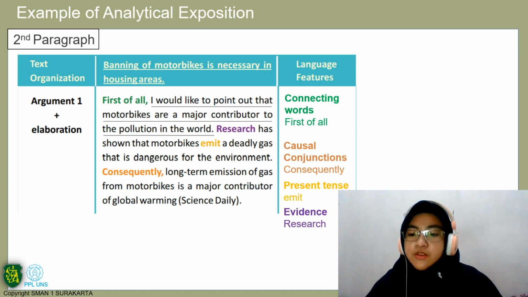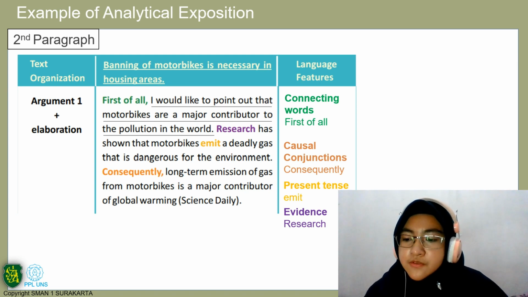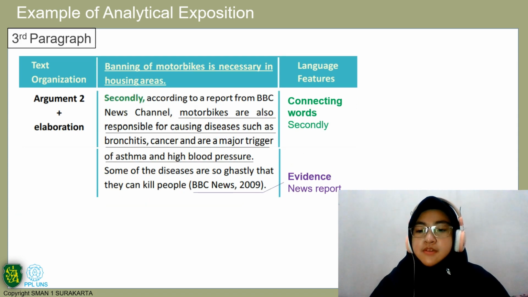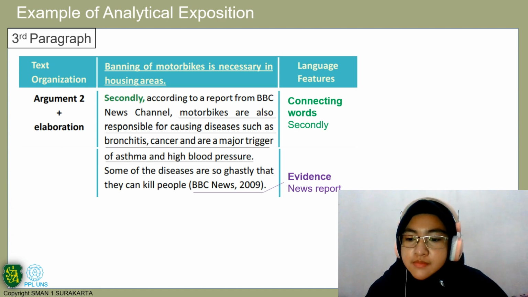If you look at the language feature, we find first of all, connecting word, and then consequently, causal conjunction, emit, present tense. The third paragraph, the second argument and the elaboration, read it by yourself.